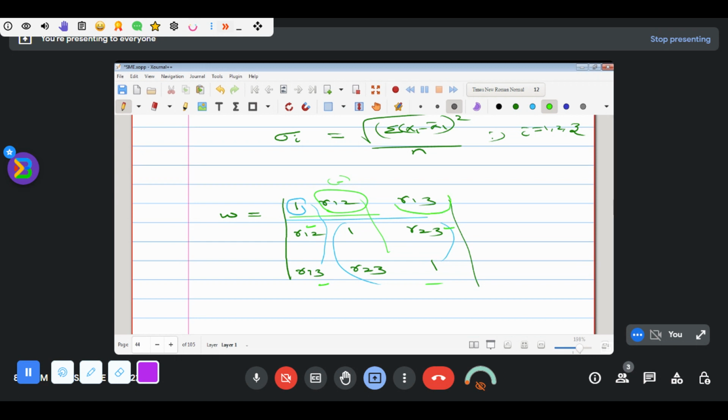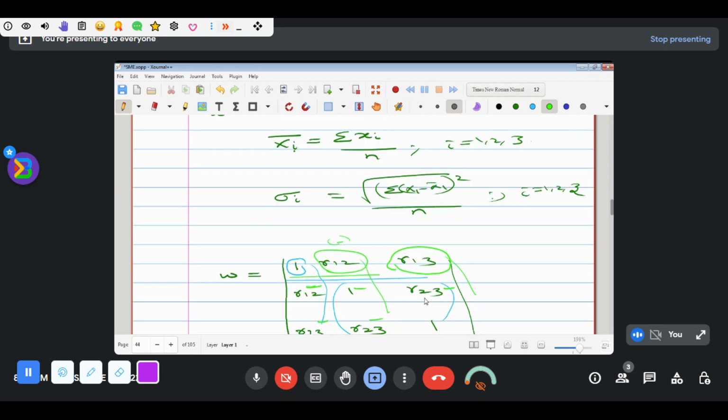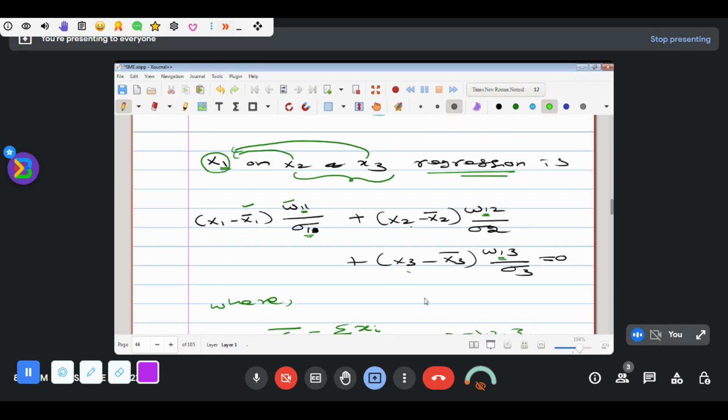And omega 13 is this one, therefore the corresponding row and column are cut. That's all, the calculation of omega 11, omega 12, omega 13. This is the calculation part.